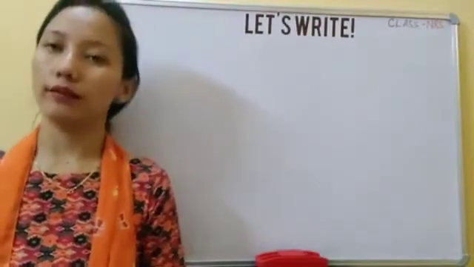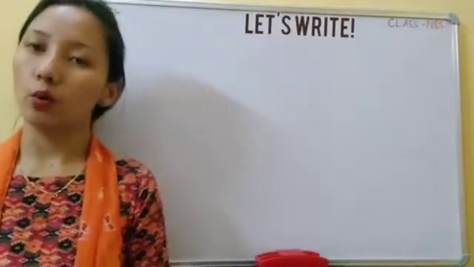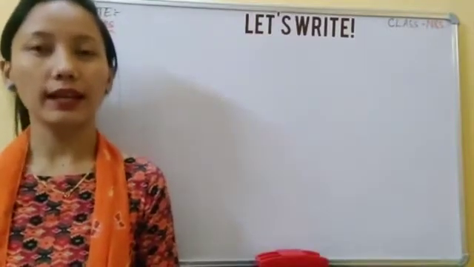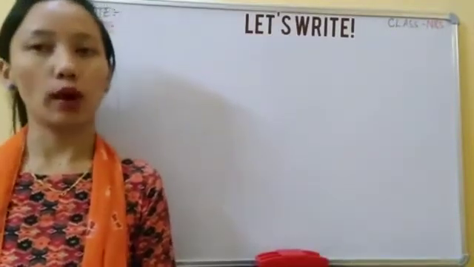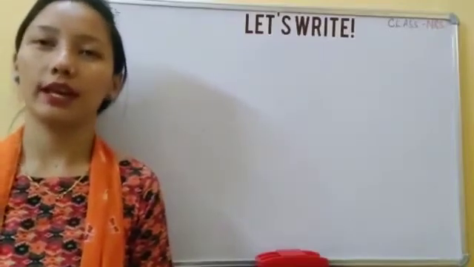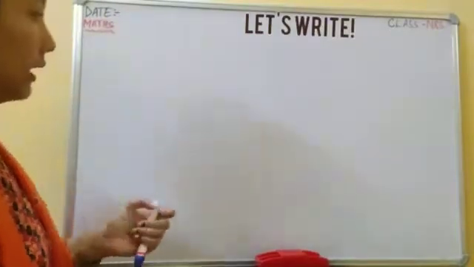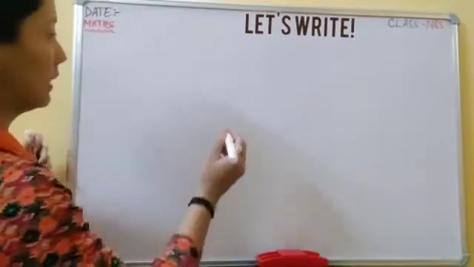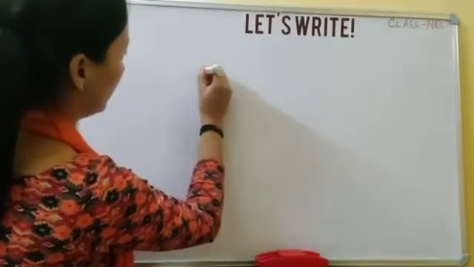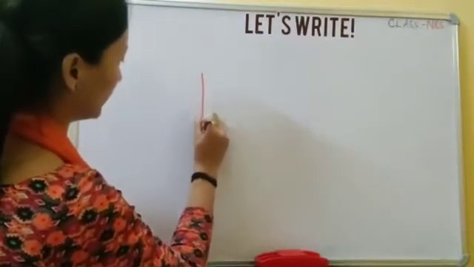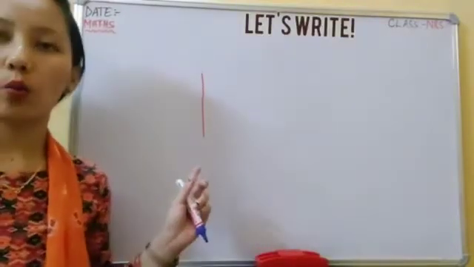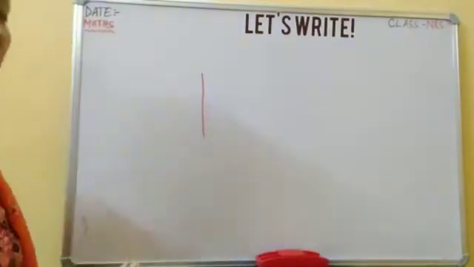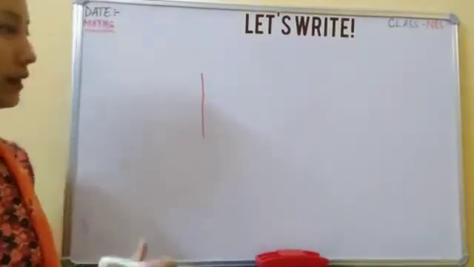Now students, you have learned how to write number 1 and 2, right? So let's write 1 and 2 together. Okay? Okay, how to write 1? Start at the top and straight down. 1. And how to write 2?